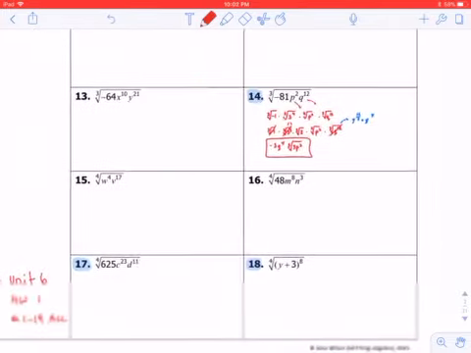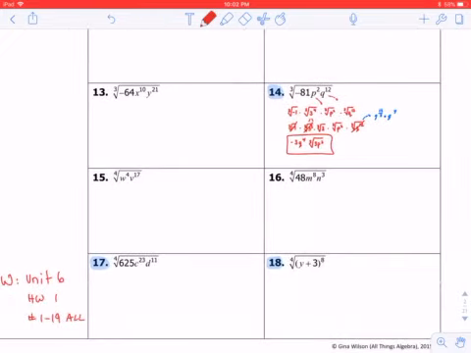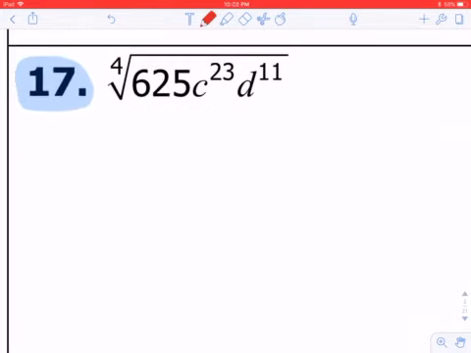And the last ones, I got 2 of them here. 18 is actually the easiest, but I just want to show it. But I got my perfect fourths. So number 17, I'm going to start with my 625. And one thing you'll notice is that is divisible by 25, so it's probably a good place to start. So on 17, I'm going to write the 4th root of 25, and it's actually 25 times 25.